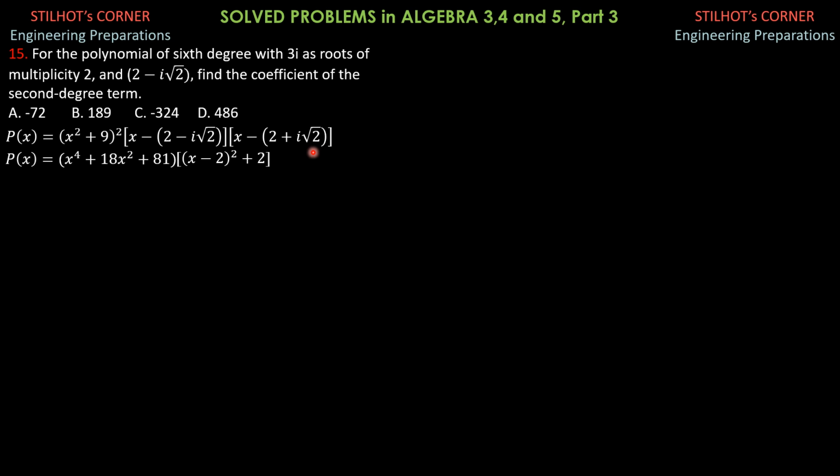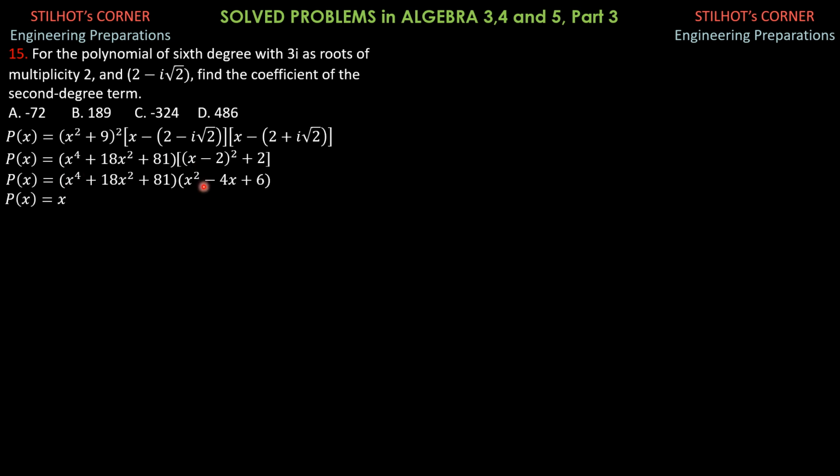That's negative 2i squared, and i squared is negative 1, so negative 2 times negative 1 is positive 2. So expanding this second factor, (x to the fourth plus 18x squared plus 81) times (x squared minus 4x plus 6). 4 plus 2 is 6.